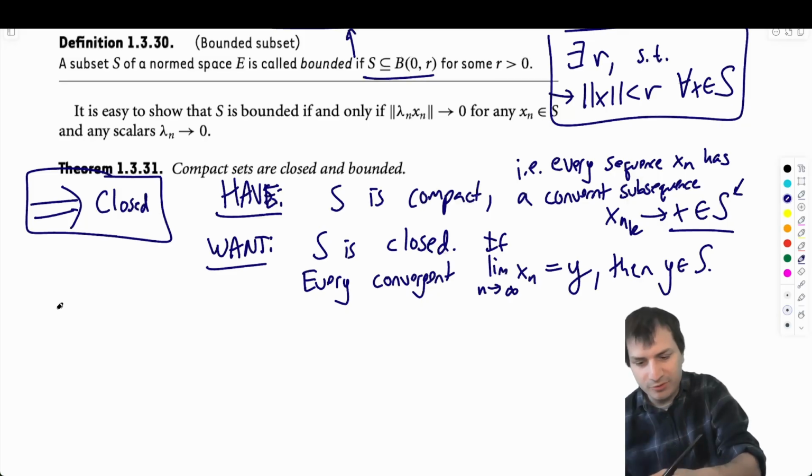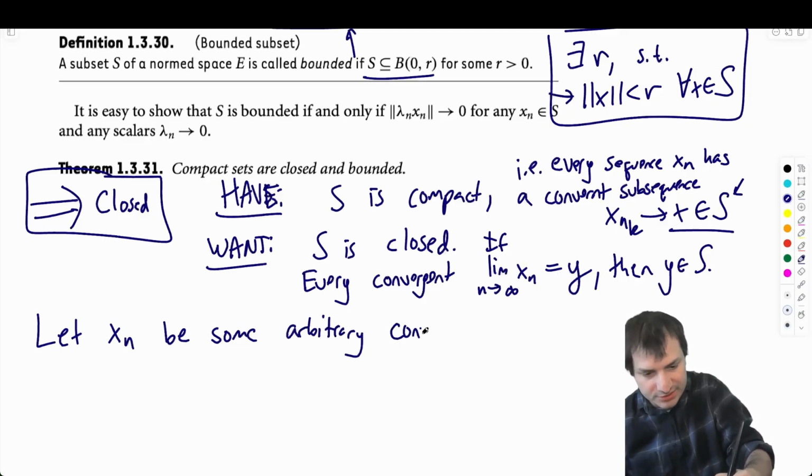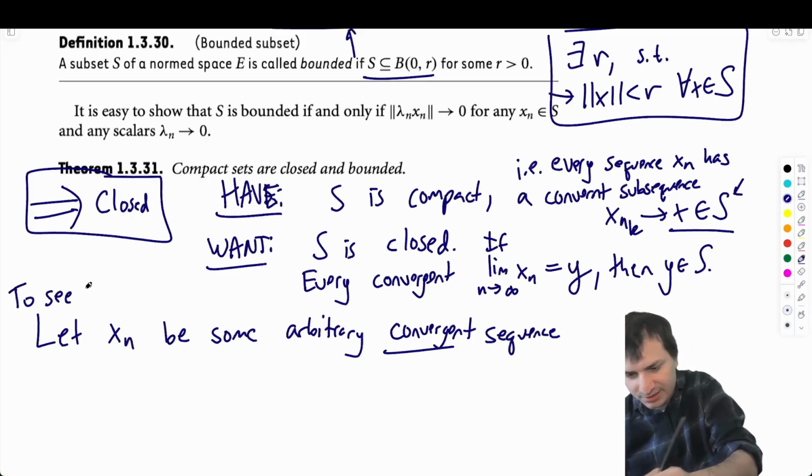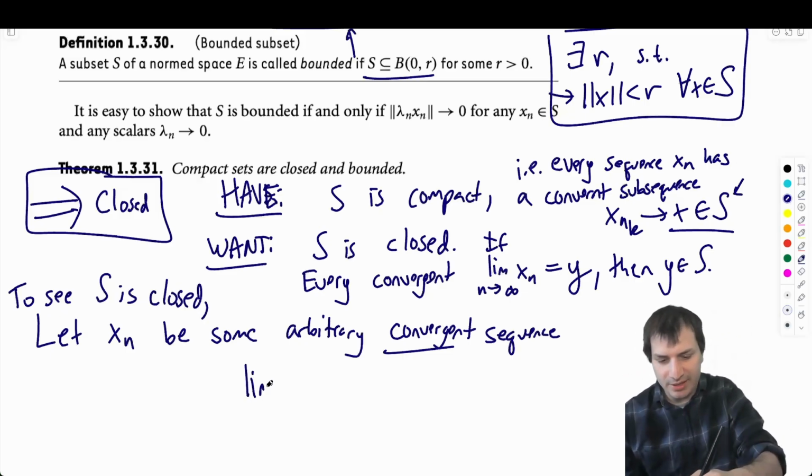So here's the proof. To see S is closed, let xn be some arbitrary convergent sequence. The limit as n goes to infinity of xn equals y.